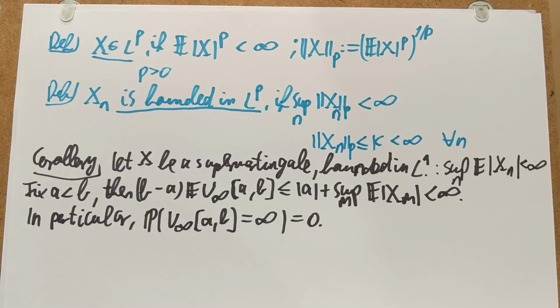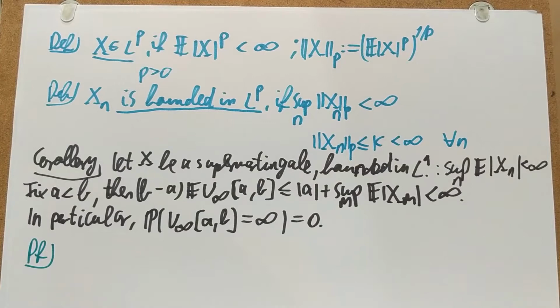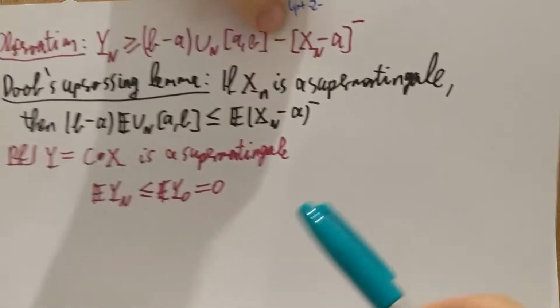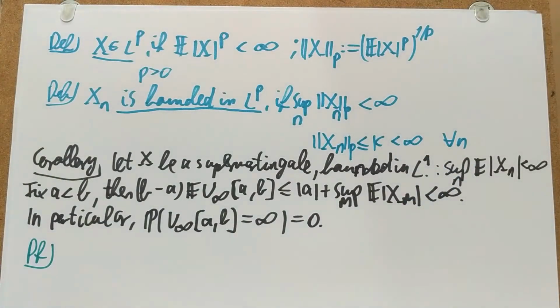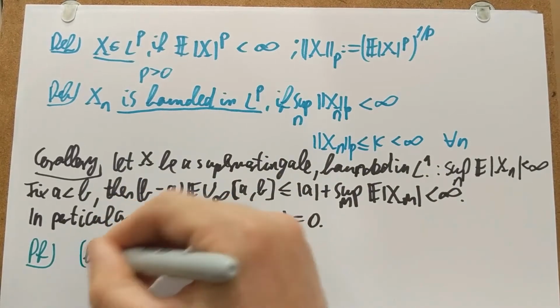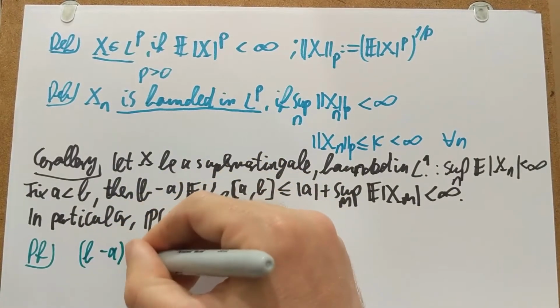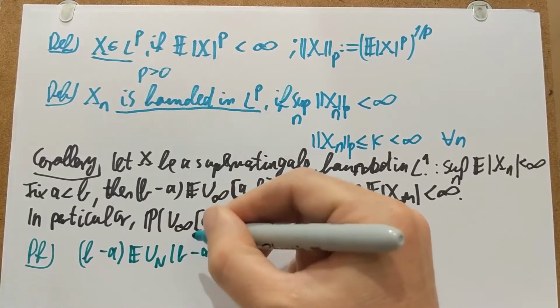And of course I'm going to start off with Doob's upcrossing lemma, with this inequality here. So (b minus a) times the expected number of upcrossings up to time n, what was our notation?